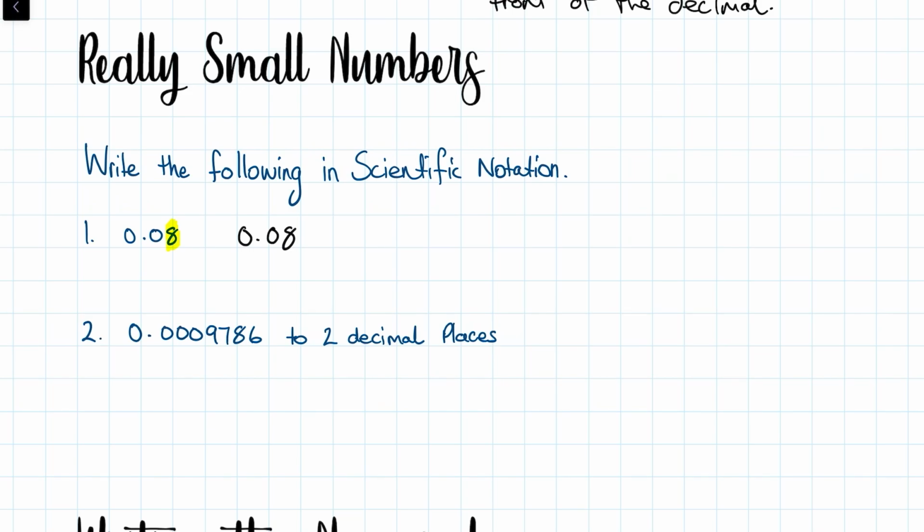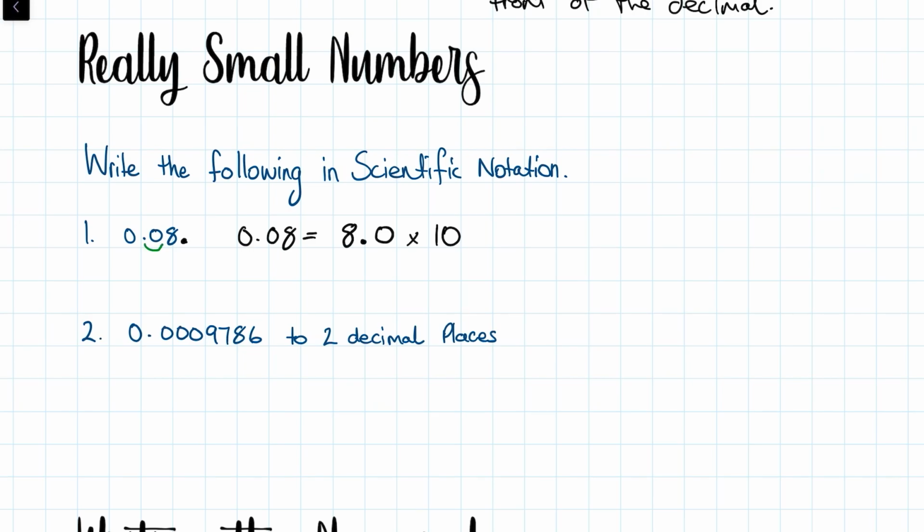So what that means is I want my decimal to now become after the number 8. So I'm going to have 8.0. And now I'm going to multiply that by 10, and I need to know how many spots I moved it.